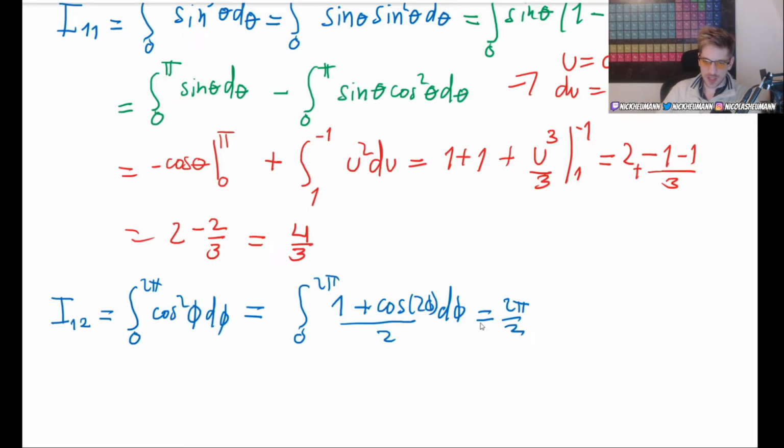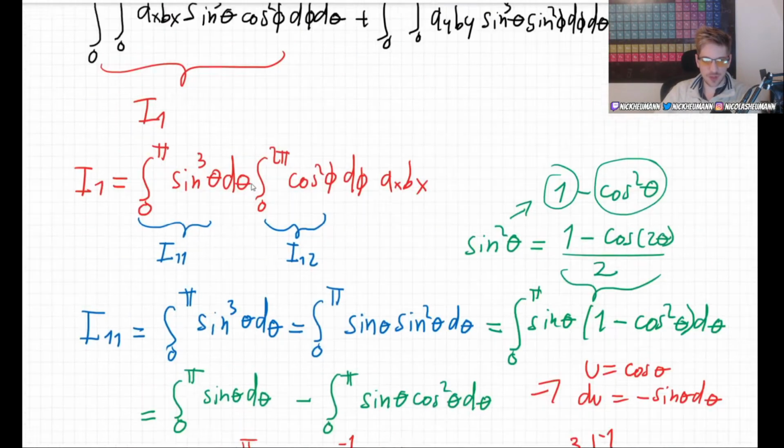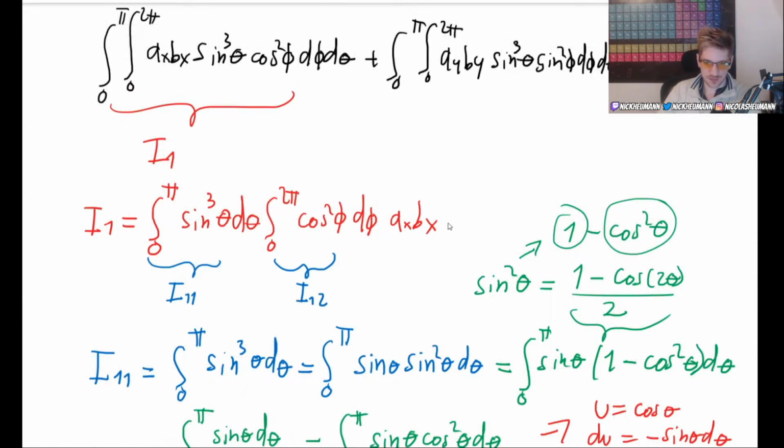And then we have the integral from 0 to 2 pi of cosine of 2 phi, which is 0. As we have seen before, you can just integrate it and you will get, again, 1 minus 1, which will be 0. So basically, this integral is simply pi. So the integral I1, which was the product of these two, is simply going to be 4/3 times pi. All right, so that is the first one.